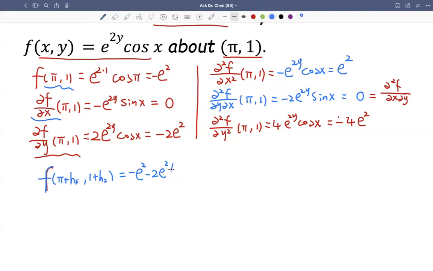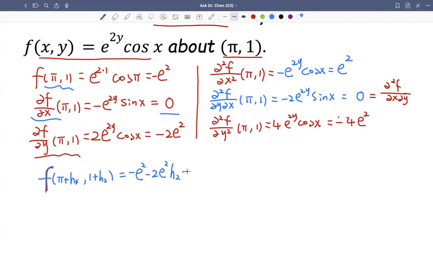Another way of writing it is just y minus 1. Because I write this in the term f of (pi plus h1, 1 plus h2), I write h2, the difference in the y direction. So that's the first derivative. In the x direction, it's 0, we don't get anything.